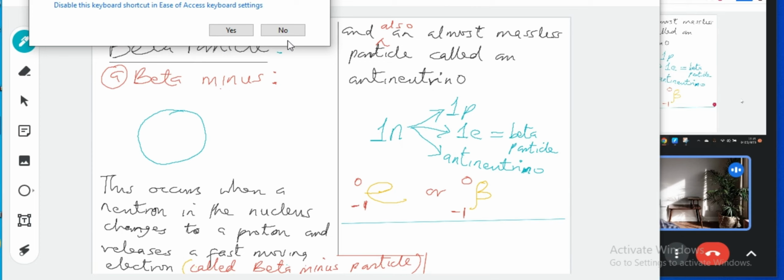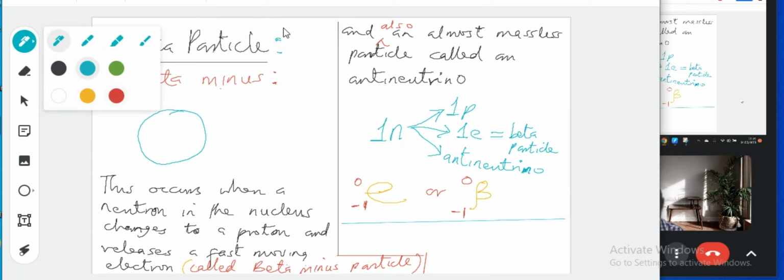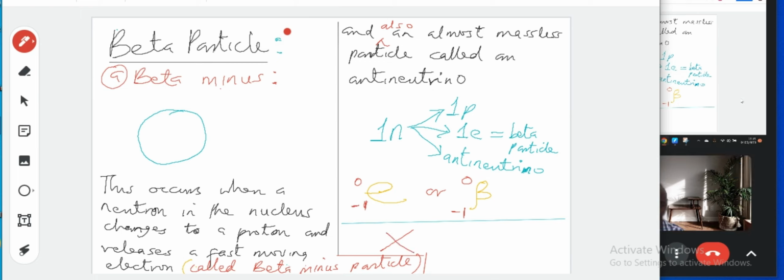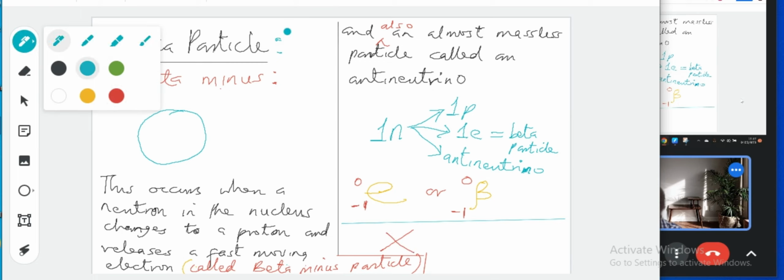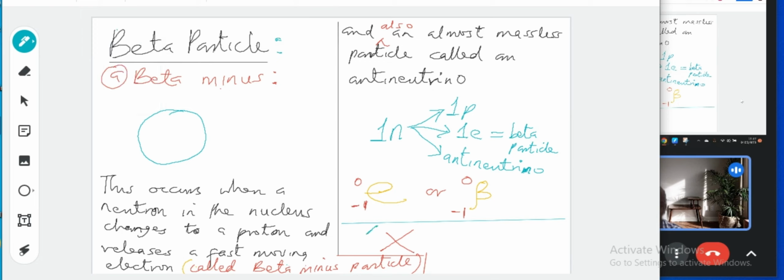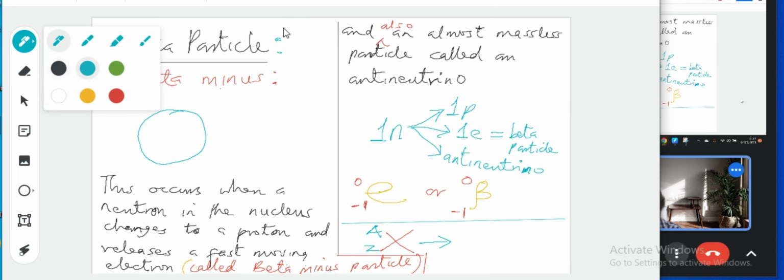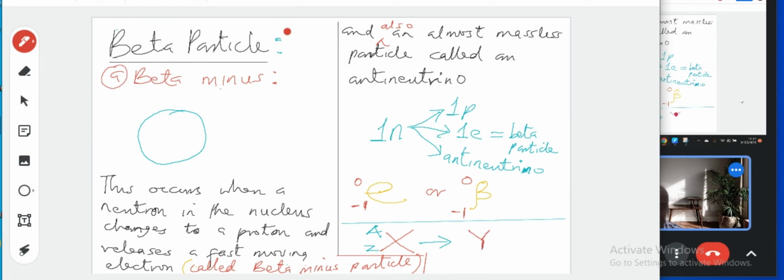During a beta minus decay, let's start with our element X that has a mass number of A and an atomic number of Z. If it decays by releasing an electron, which is a beta particle, and forms Y, plus that beta particle, you can represent the beta particle with this or this.